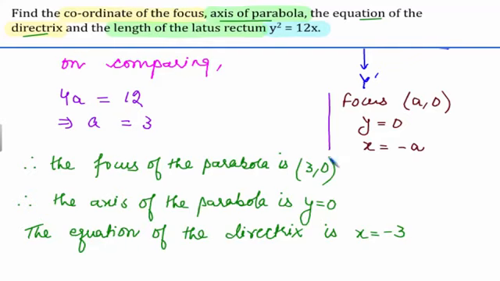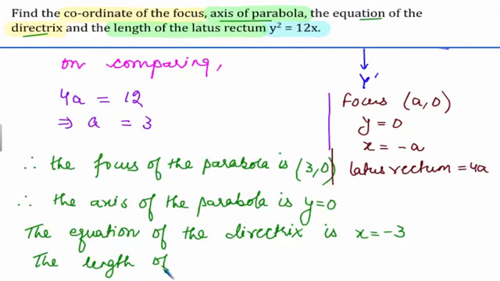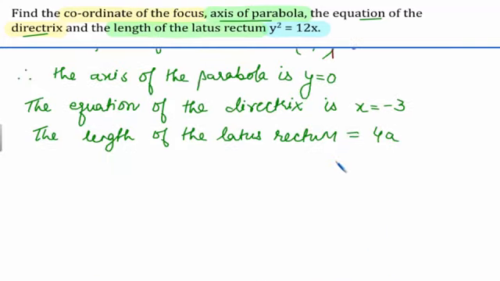And now we have to find the length of the latus rectum, and that is given by 4a. Therefore here the length of the latus rectum is equal to 4a, that is 4 into 3, which is equal to 12.